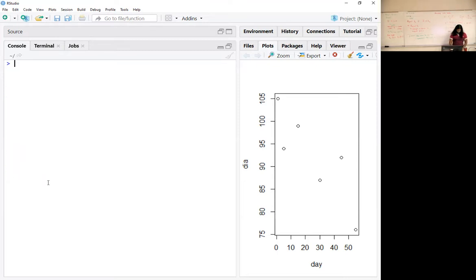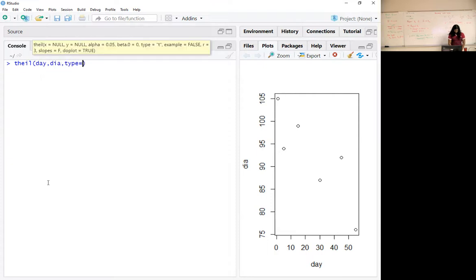Okay, so last time we did Theil, we'll do Theil again. So the type is left tail, so I'm going to put L and slopes equals true.